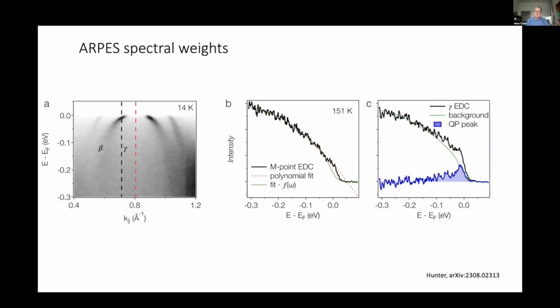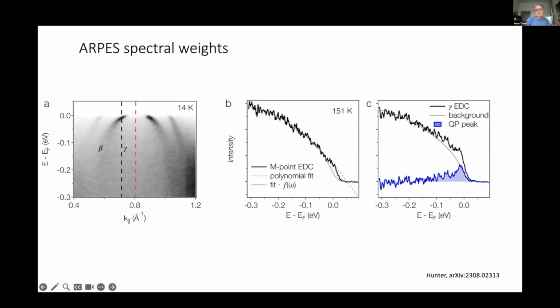The problem in experiment is the experimental background, and whether it's possible or not to separate in experiment the coherent part of the peak from the incoherent part. So we took a slightly different approach from what was done in the past. We extract, for instance, an EDC here for the gamma band.